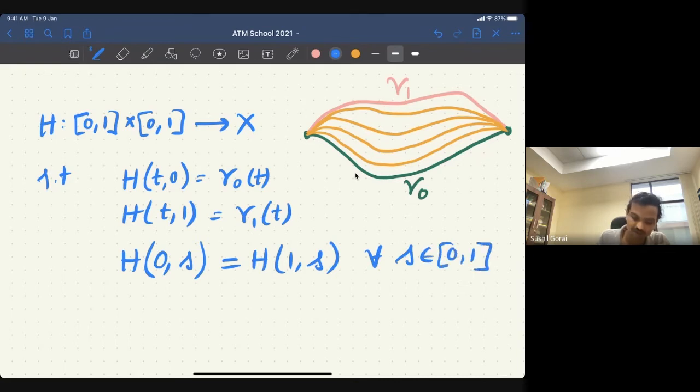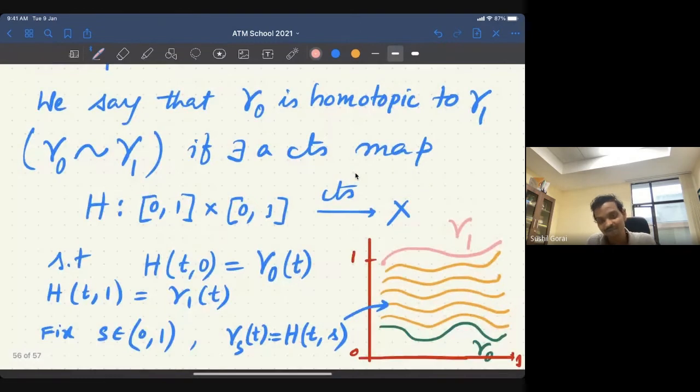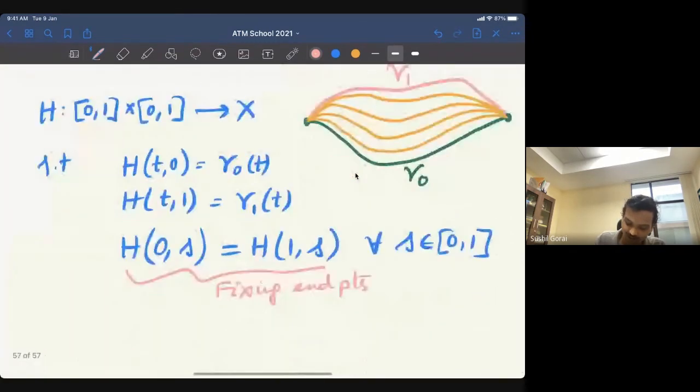This is fixing endpoint. But we will not use this fixing endpoint part. We will use this one, but for closed curves.